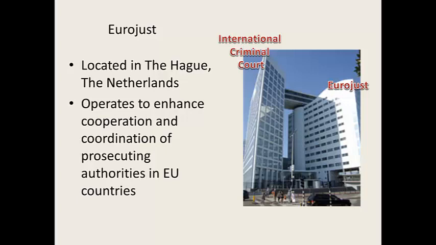If Spain believes that a person who has committed a crime in Spain is now in another European country, in Austria, for example, they might want to request some kind of surveillance of that person while they're in Austria to help build their case in Spain.